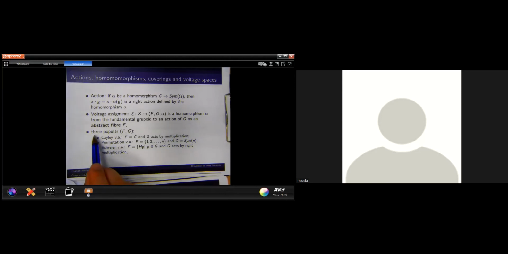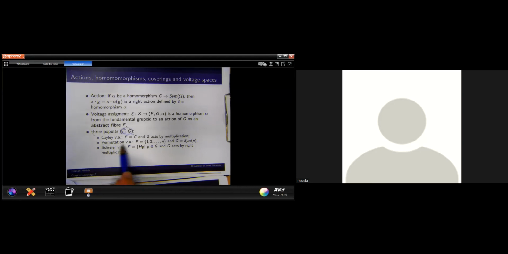There are three popular voltage assignments. What is an action? You have a set, this abstract fiber, and a group acting on the set. If we consider Cayley voltage assignments, then we identify F with the group G and G acts by multiplication.